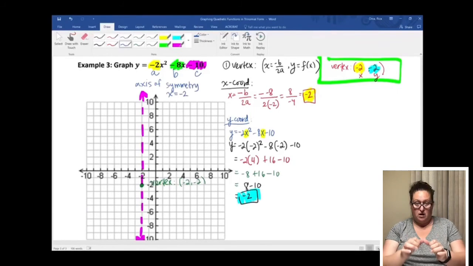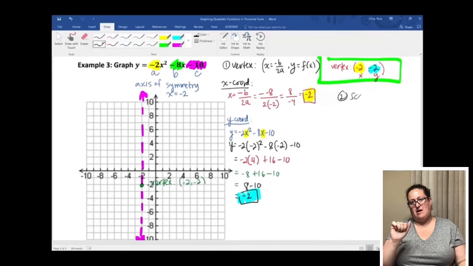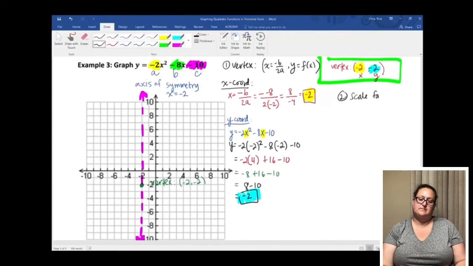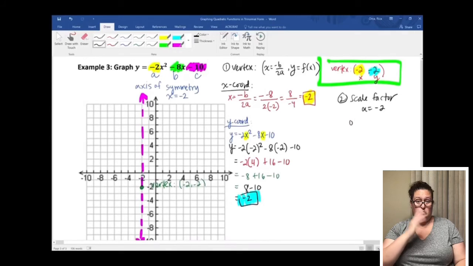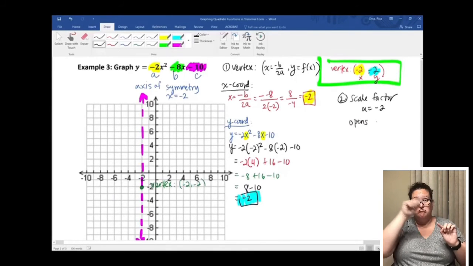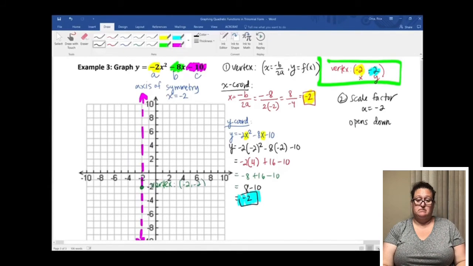Moving on, step number 2. We need our scale factor. Our scale factor is a and a equals negative 2. So we know that the parabola opens down and is narrow.